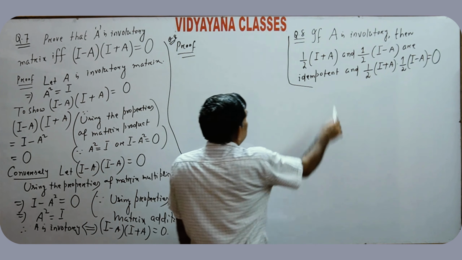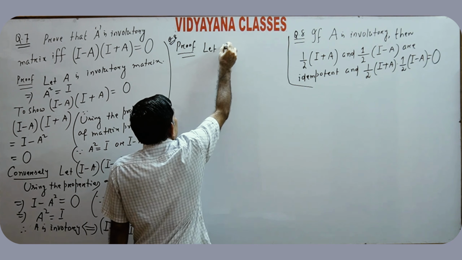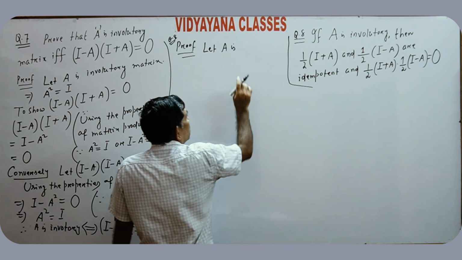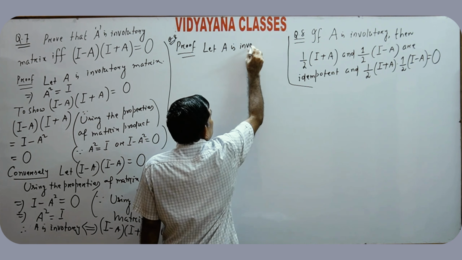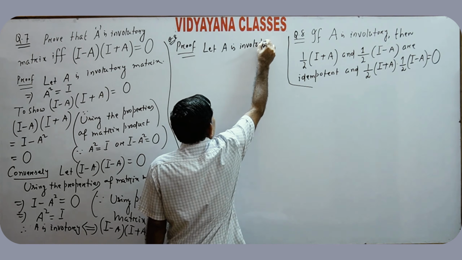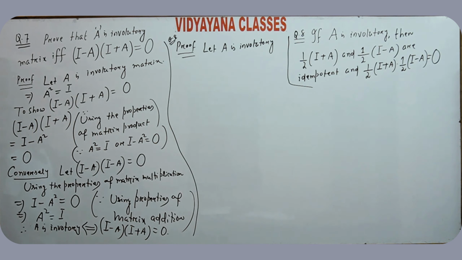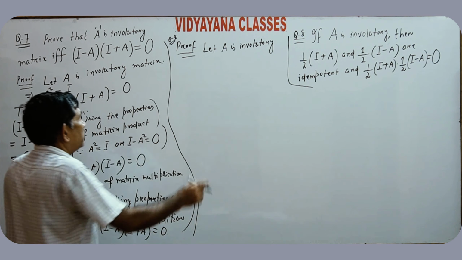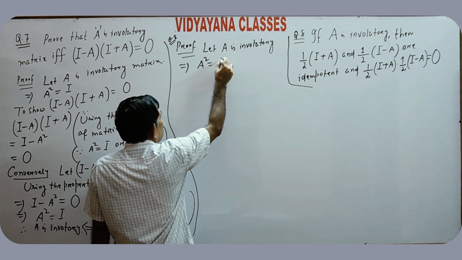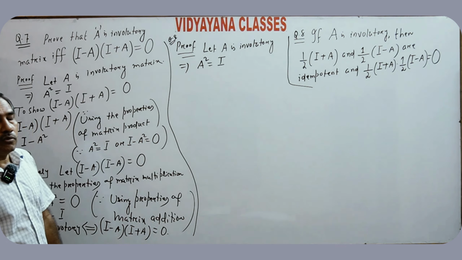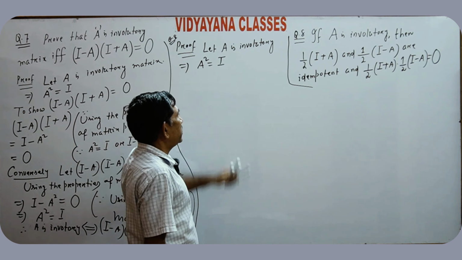Proof. It is given that A is involutory. Let capital A be involutory, which implies A square is equal to I. A is a square matrix; capital A is said to be involutory if A square is equal to the identity matrix.